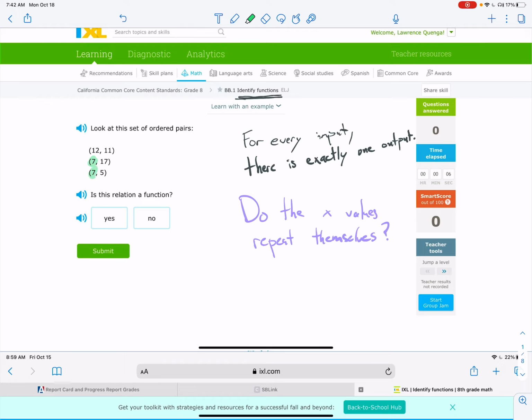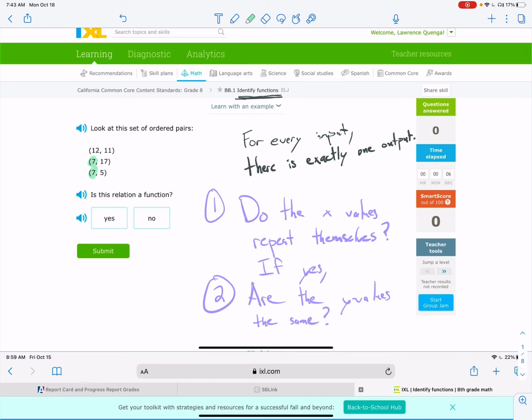If they repeat themselves, you need to ask yourself, is the y value the same? So first question, do the x values repeat themselves? If yes, ask yourself this question: are the y values the same?